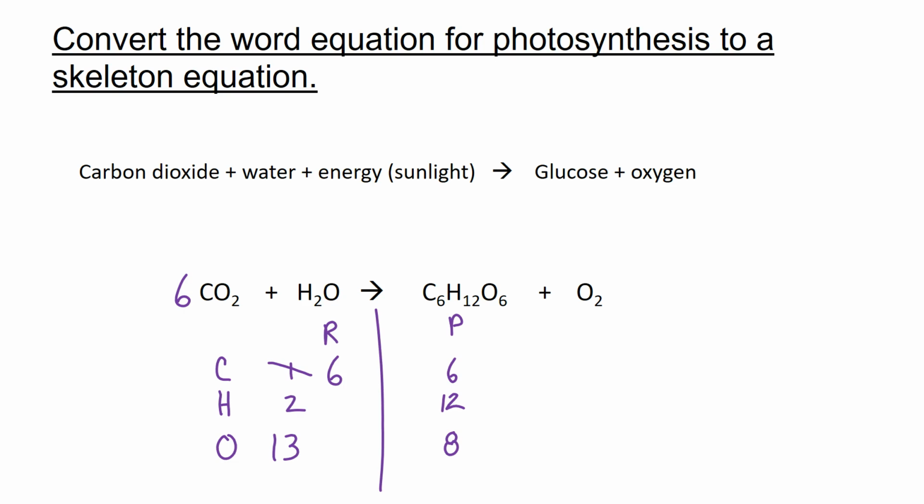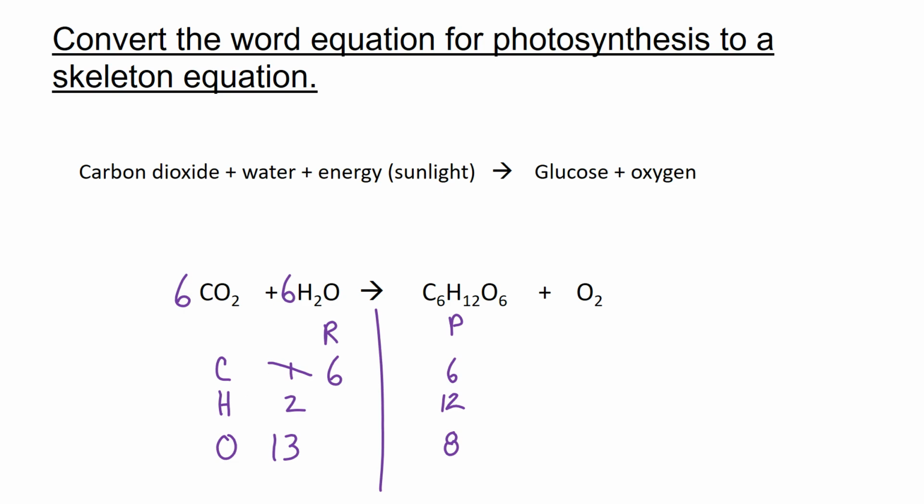So now, what's the next element that's going to be easy to manipulate, that's only in one place on both sides? Hydrogen. So I have 2 hydrogens here, I have 12 here. I want to get 12 hydrogens here. So what's the easiest way to get 2 to 12? Multiply by 6, right?